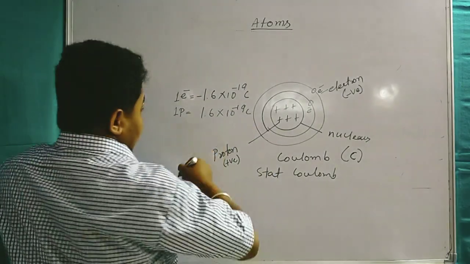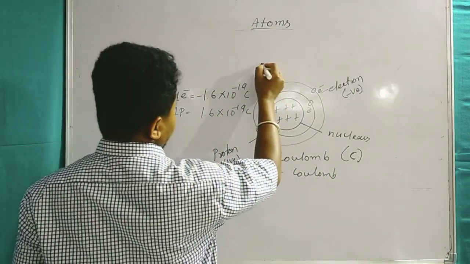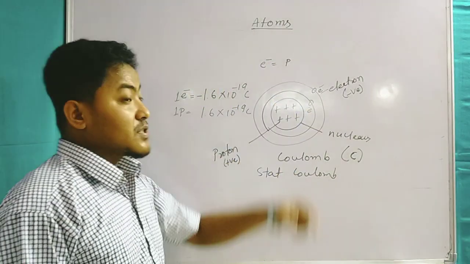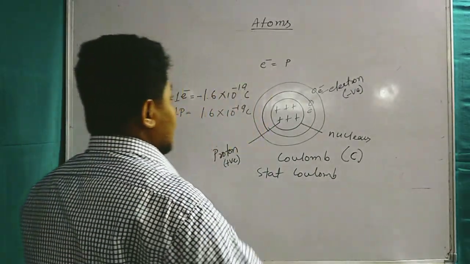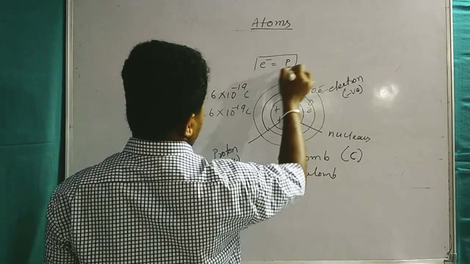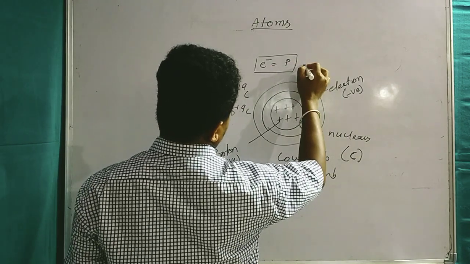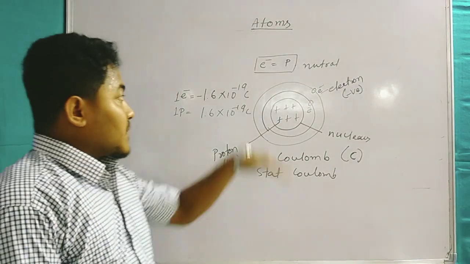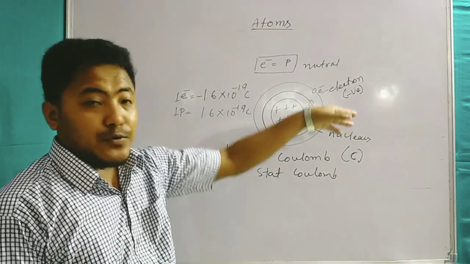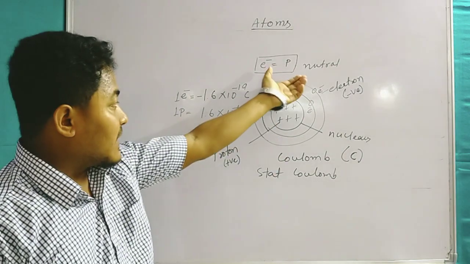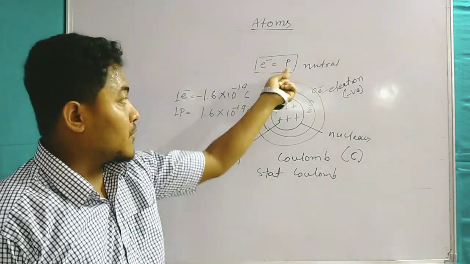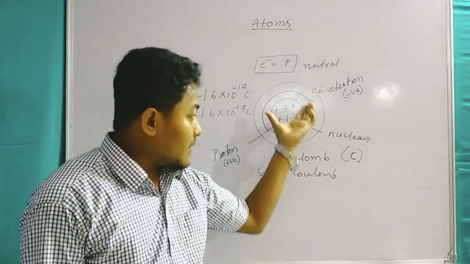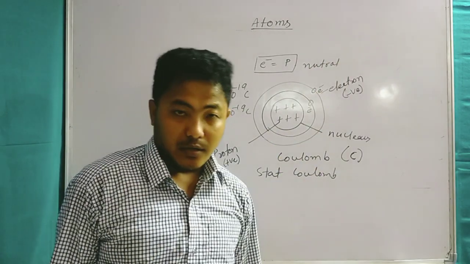So if the number of electrons is equal to the number of protons in an atom, then that atom is neutral. This is the neutral condition.